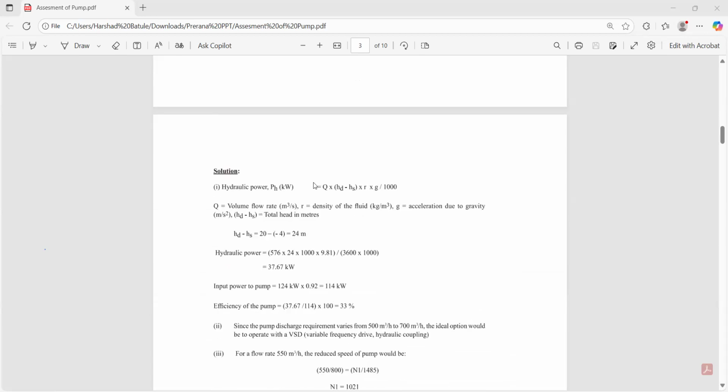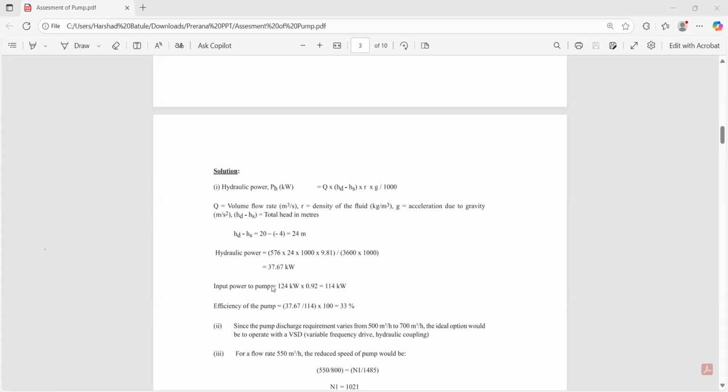But your input power is given as 124 kilowatt. Understand, this is very important. Your hydraulic power is 37 kilowatt only, and your input power is 124 kilowatt. There is a huge difference. Your system efficiency is roughly around 31%, which means there is a 70% loss.